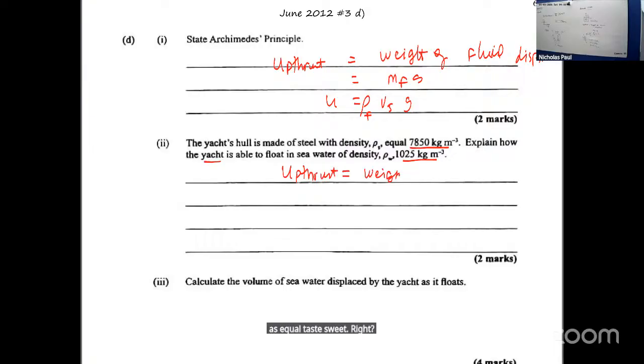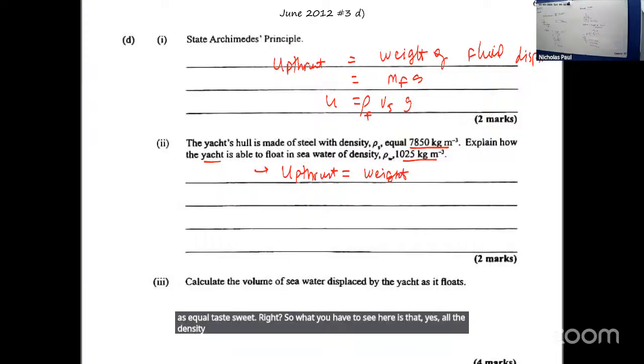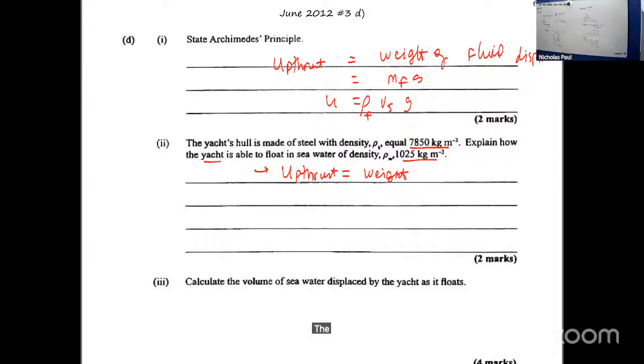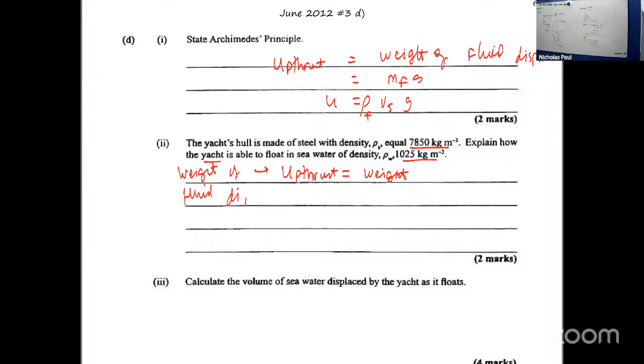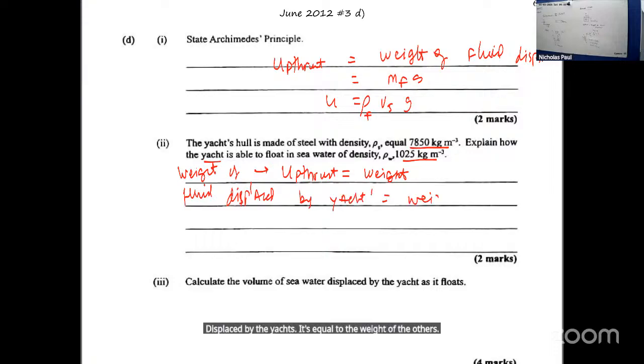Although the density of steel is more, all you have to do is say the weight of fluid displaced by the yacht is equal to the weight of the yacht. And we all know this happens based on the shape of it.